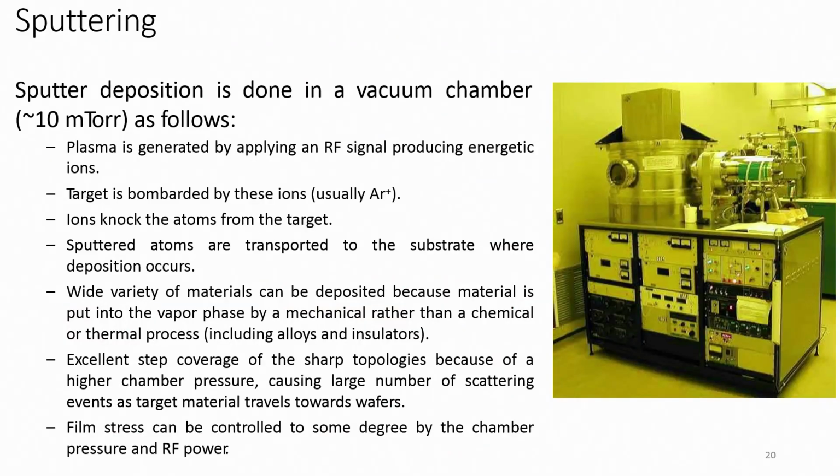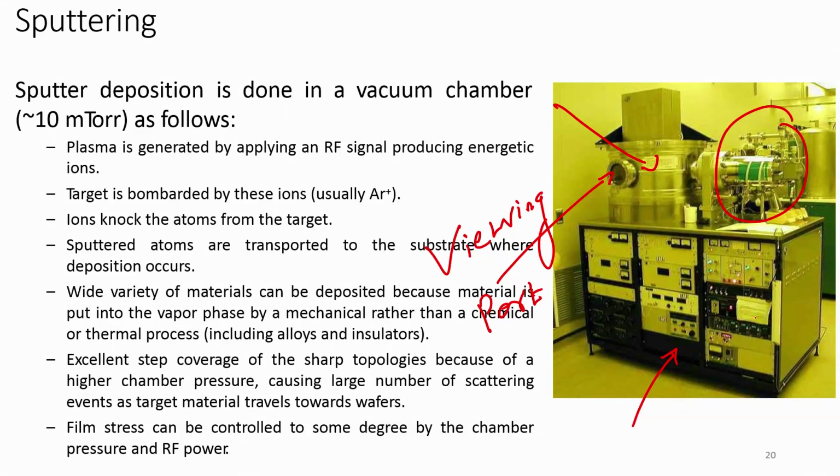Now, this is an actual sputtering system, a photograph of a sputtering system. This is the chamber, viewing port, you can view it, right, and vacuum system, we have to create a vacuum, right.